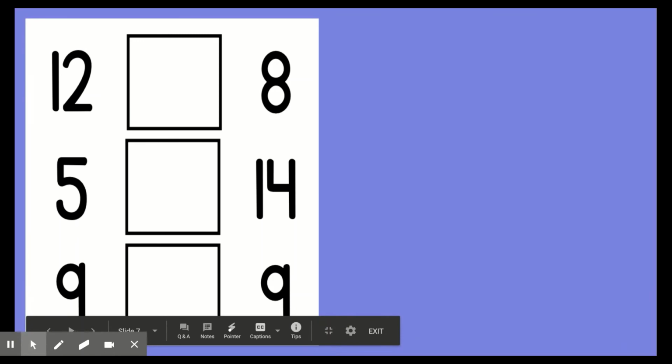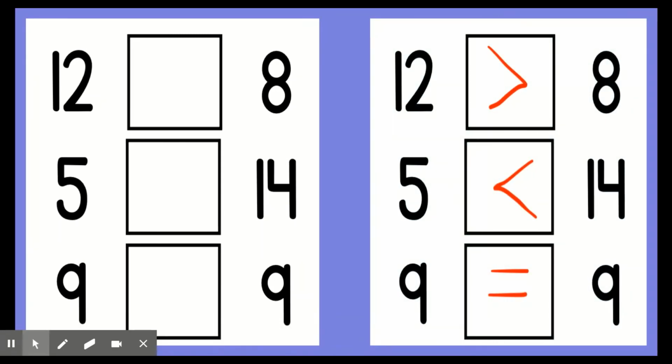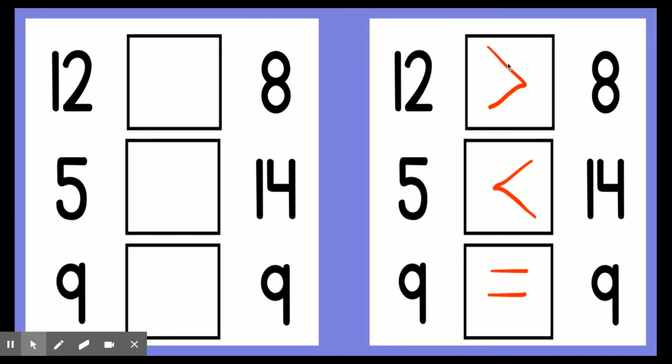So let's see our responses. Well, 12 is greater than 8. So my alligator mouth opens up to the left. He's hungry, he likes the 12 more. In the second example, 5 is less than or smaller than 14. So the alligator mouth opens to the right. He doesn't want this 5, he'd rather have 14. 14 is much more filling.